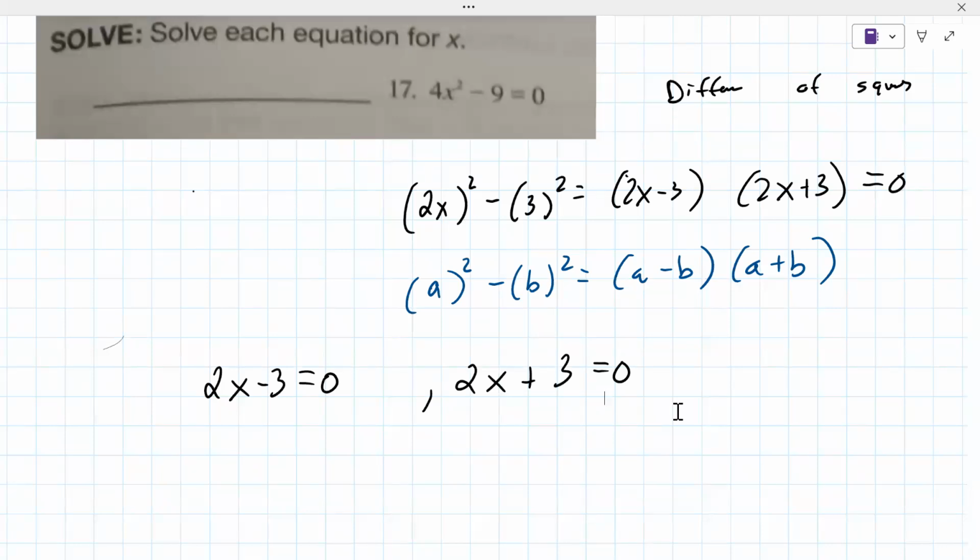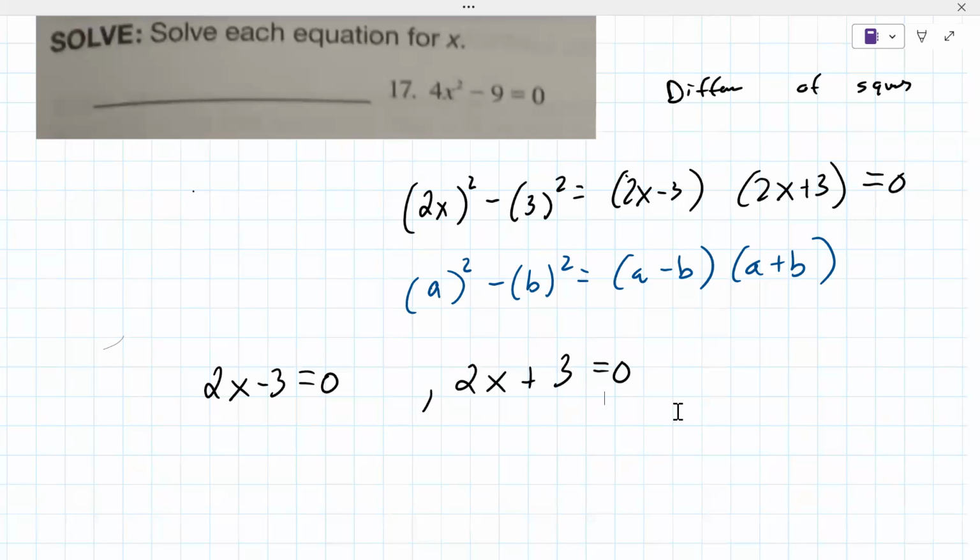So then it would be 2x equals 3, and 2x equals, subtract 3 from 0, -3.